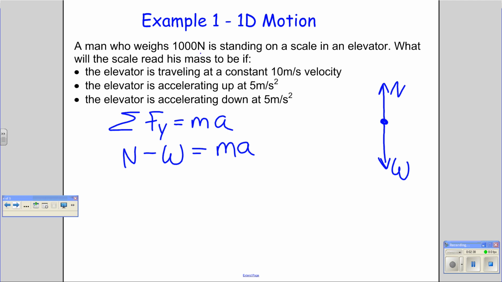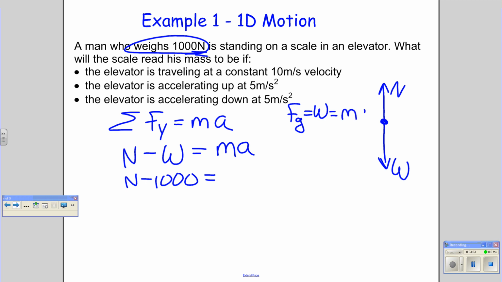Now they tell you that he weighs 1,000 newtons. Now because it's newtons and because it says weigh, you know it's the force and not the mass. So N minus 1,000 equals your mass times acceleration. Now, what's our mass? Well, Fg, which is the same thing as weight, equals m times g.